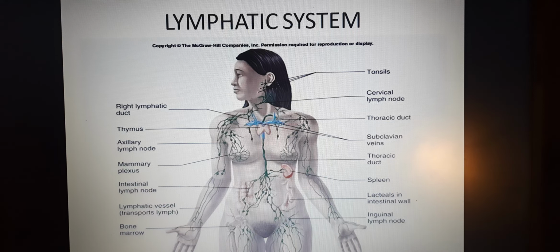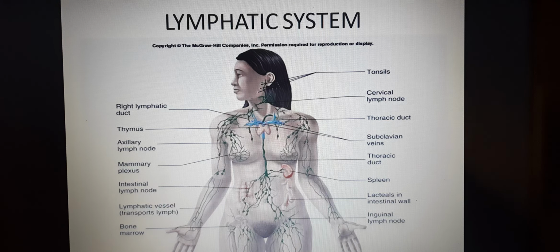It has the same mineral distribution as that in plasma. Exchange of nutrients, gases, etc. between the blood and the cells occurs through tissue fluid, whose other name is interstitial fluid.